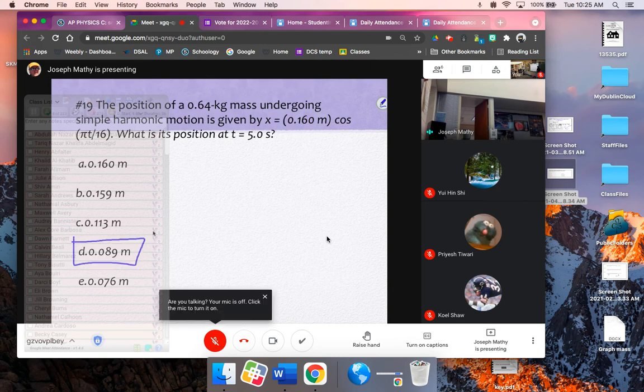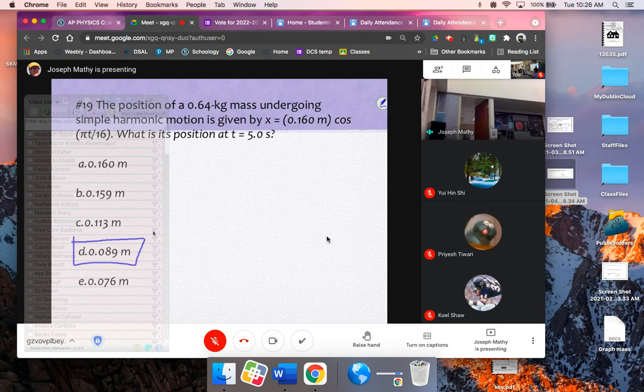That should look familiar to some of you if you've been on Schoology. What did you do to solve that? I put 5 in for t, and I got... that's it. Literally it. And then did you take the cosine of that in radians?